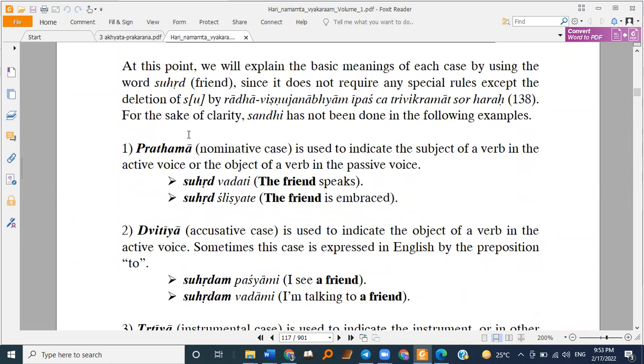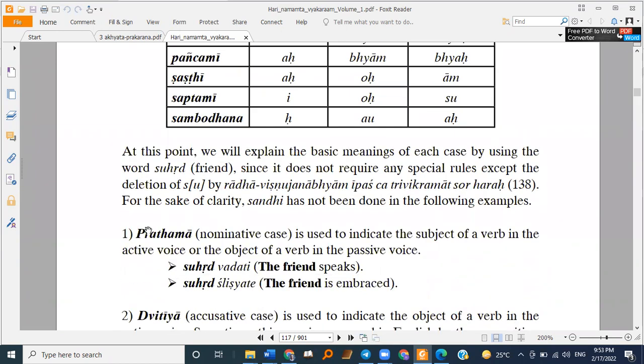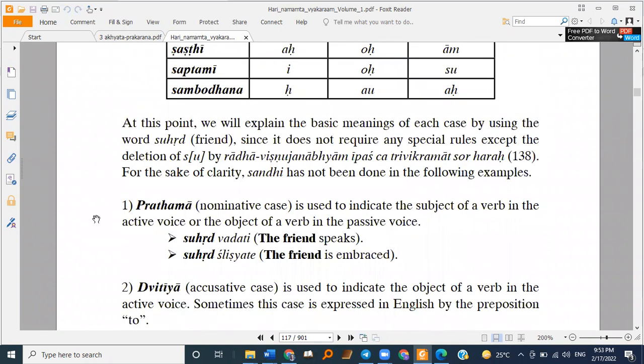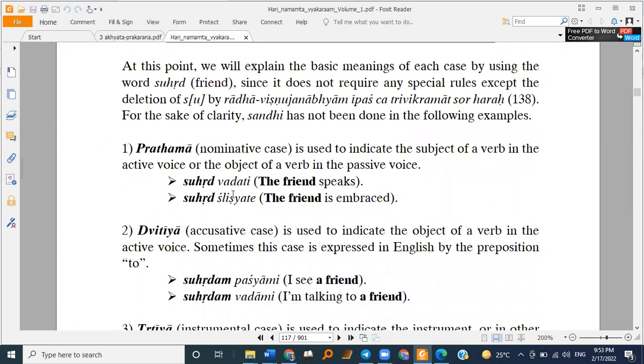So you might be thinking, what do these Prathama, Dvitiya, the cases, actually mean? Here they have given very briefly the usages of each case. So Prathama is the nominative case. It is used to indicate the subject of a verb in the active voice.